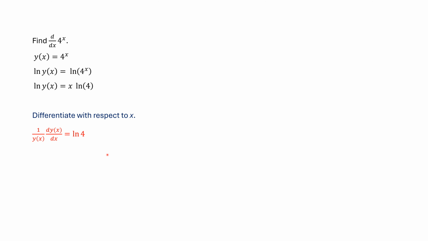We differentiate with respect to x, and again, we have to deal with 1 over y, the derivative of the log of y, but then we have the derivative of the y itself, dy dx. On the right-hand side, the derivative of x is 1 times the constant, and the constant in this case is the logarithm of 4.